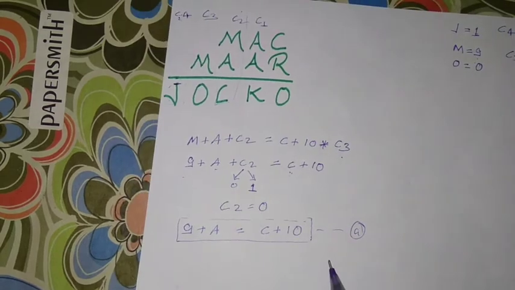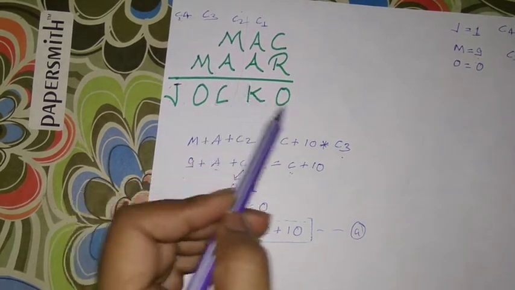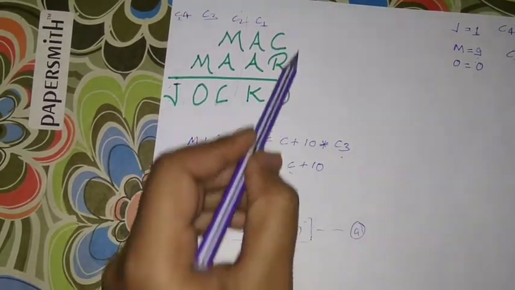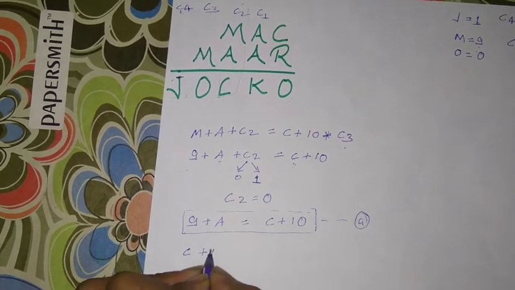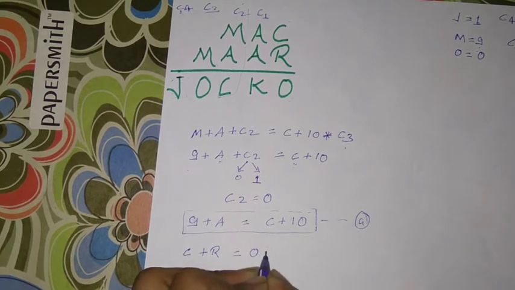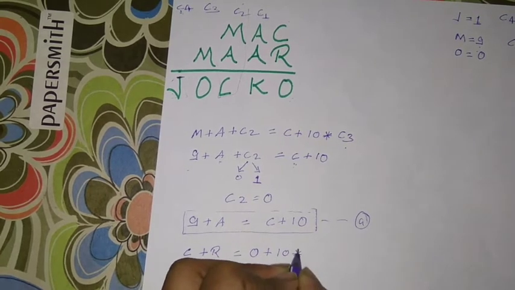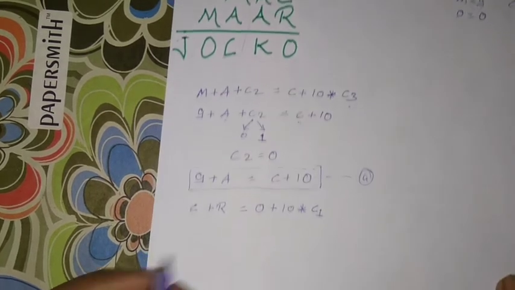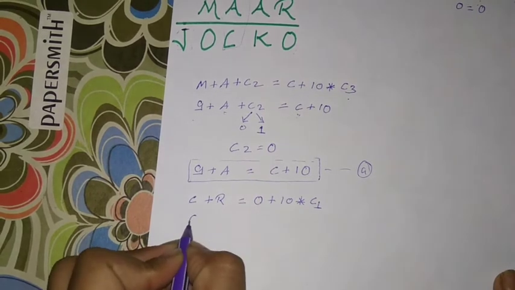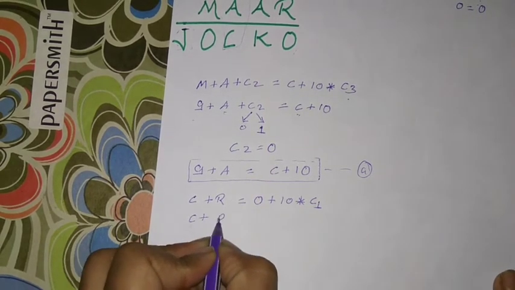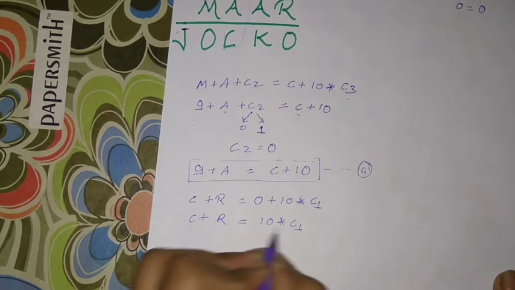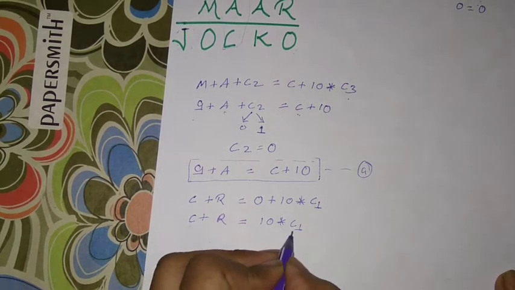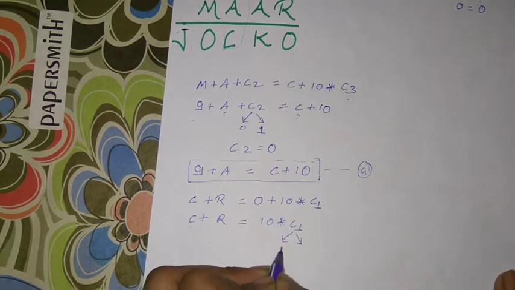Now we make the equation for this column, that is C plus R equal to O plus 10 into C1. Here the value of O is equal to 0, so we get C plus R equal to 10 into C1. The possible value of C1 is 0 or 1.